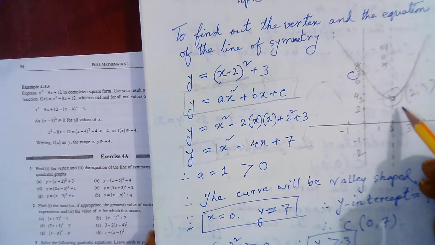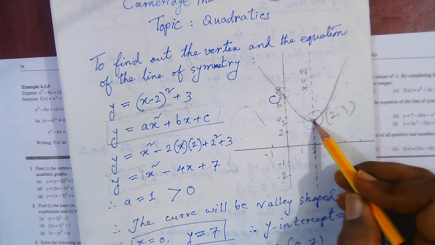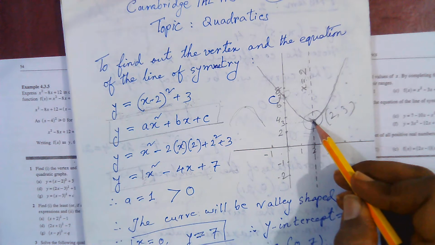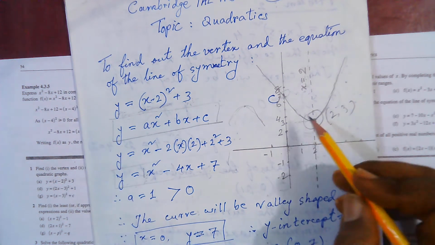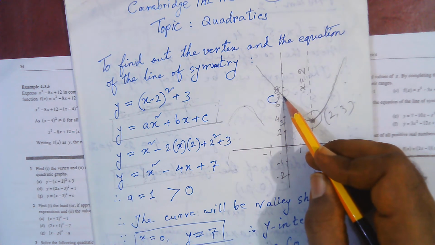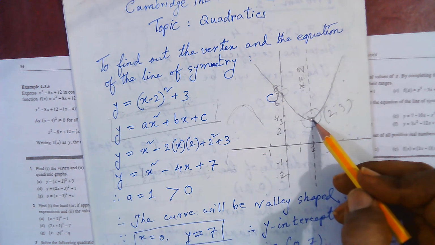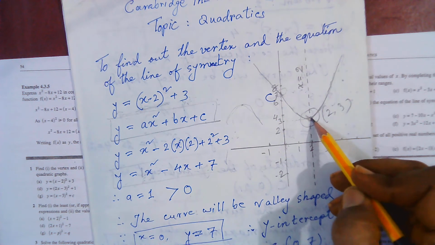So the turning point will be at this point, that is, here x will be 2 and y will be 3. So we have found out 2 points of the curve. One is this y-intercept (0, 7), and the other one is x is 2 and y is 3. That is the turning point.